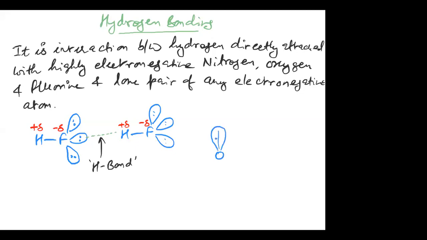Oxygen consists of lone pairs of electrons, and it has hydrogen atoms also, with partial positive charge on the hydrogens and partial negative charge on the oxygen. Here the oxygen has lone pairs, and the hydrogen atoms carry partial positive charge.